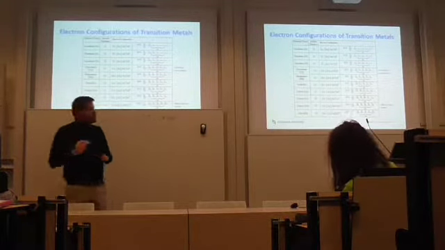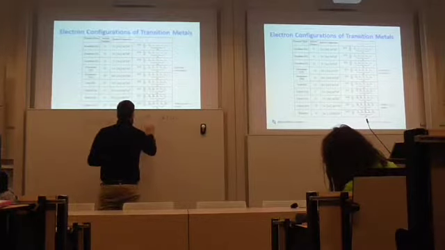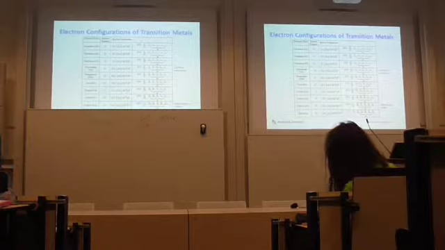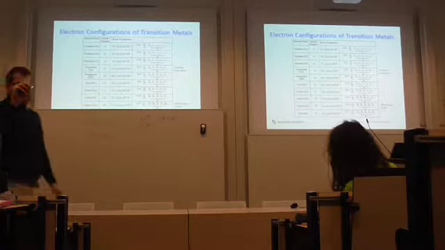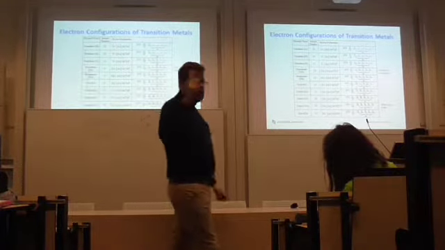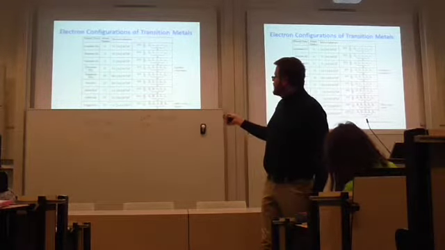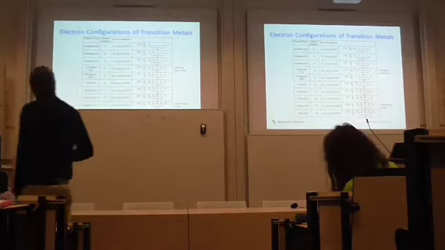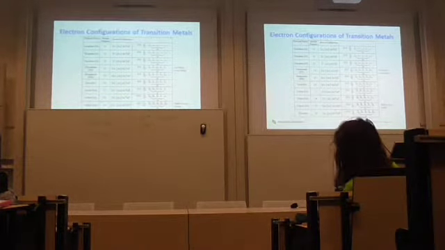Let's do another example, titanium 2+. So what you've got to do is write down the electron configuration of the element in its 0 oxidation state, then start taking out electrons. So there's titanium 0. So what will be the electron configuration of titanium 2+?